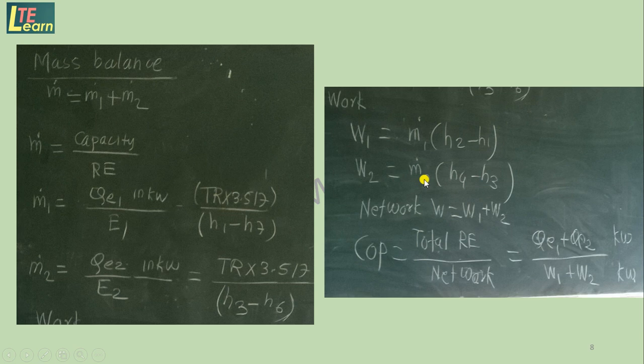Second compressor: mass flow rate M2 dot into enthalpy change in second compressor, H4 minus H3. Total power to drive the compressors is the summation of both. COP is total capacity divided by total work, means QE1 plus QE2 in kilowatt divided by summation of work done in kilowatt.